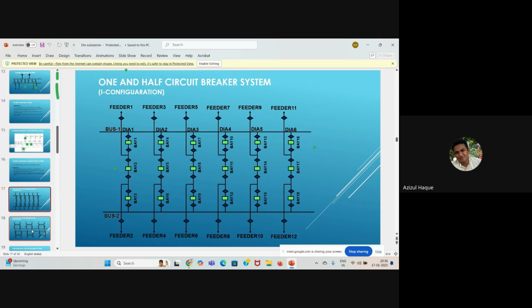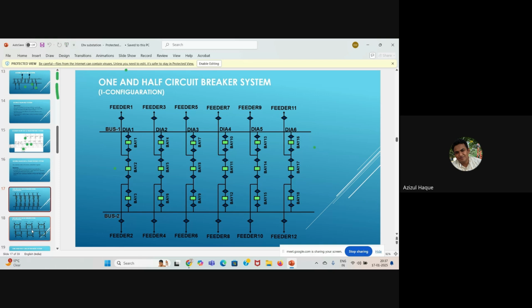We have that flexibility because normally it is isolated. One feeder is connected to one bus, another feeder is connected to the other bus. If we need to sync, we can sync both the buses through this tie breaker.